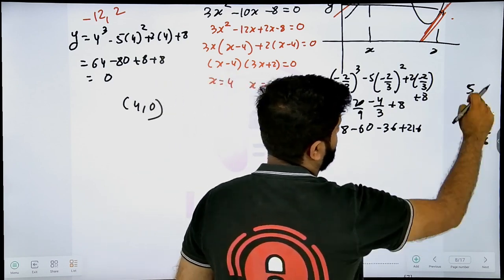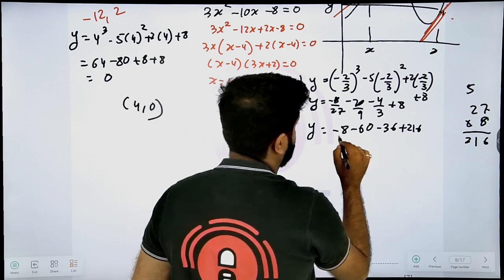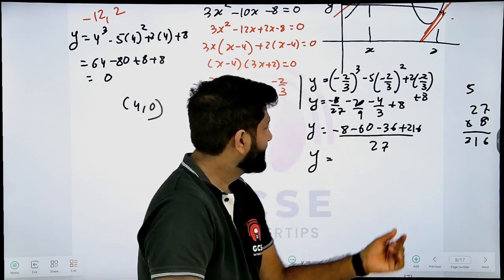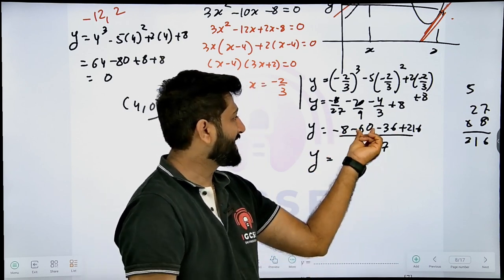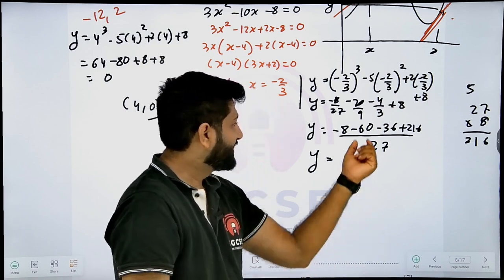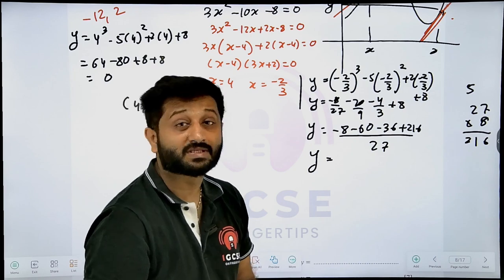So the value of y is, let me simplify this, minus 60 minus 36, that is negative 96. Negative 96 minus 8, that is negative 106.